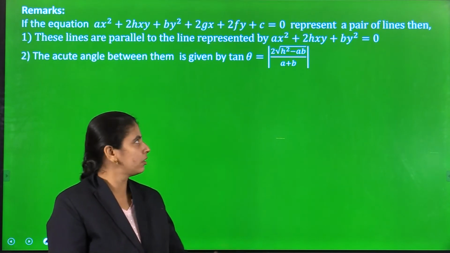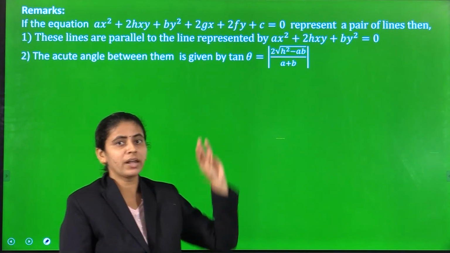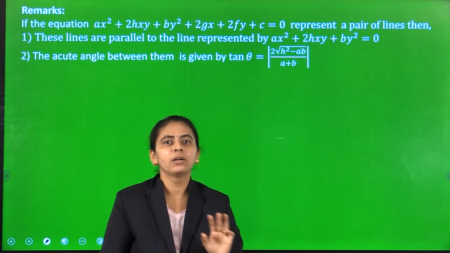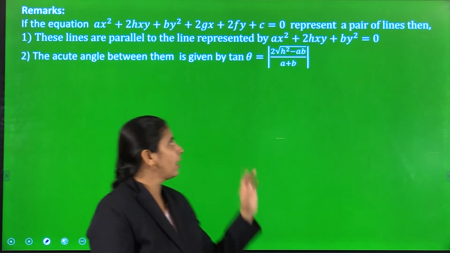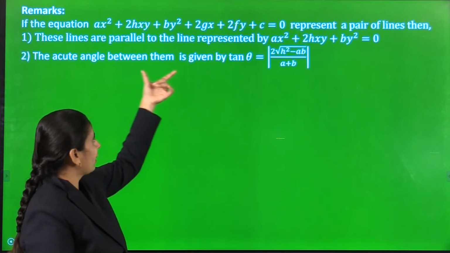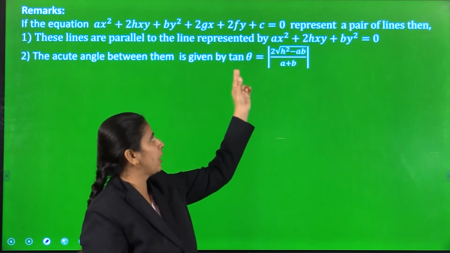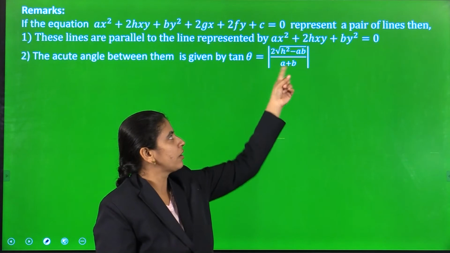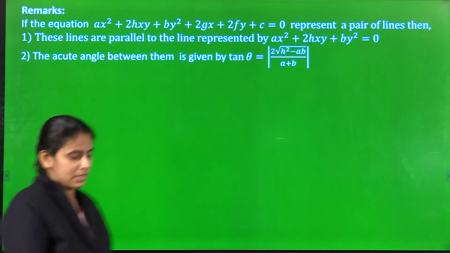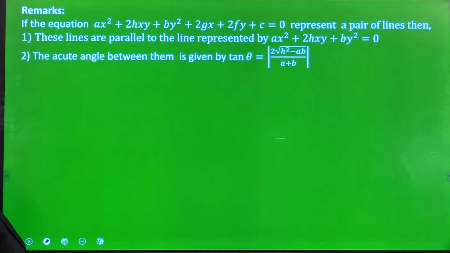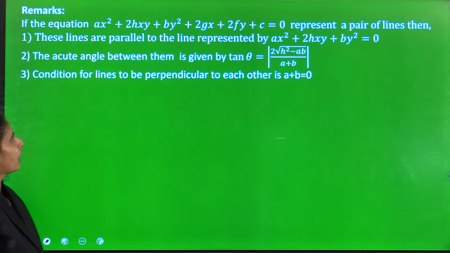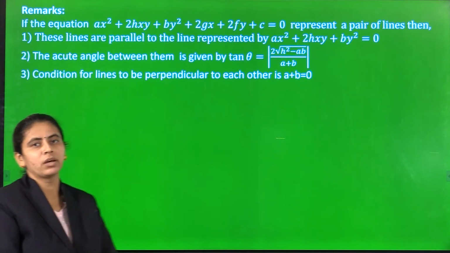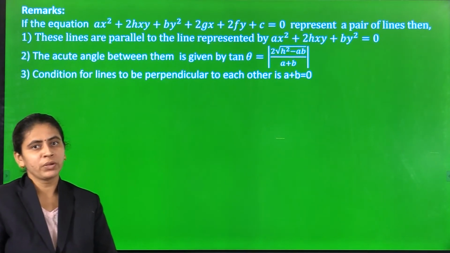We have derived the formula for the angle between a pair of straight lines, and by that article we have derived this formula: tan theta is equal to mod of 2 root of h square minus ab upon a plus b. Okay. Third remark is the condition for lines to be perpendicular to each other is a plus b equal to 0.